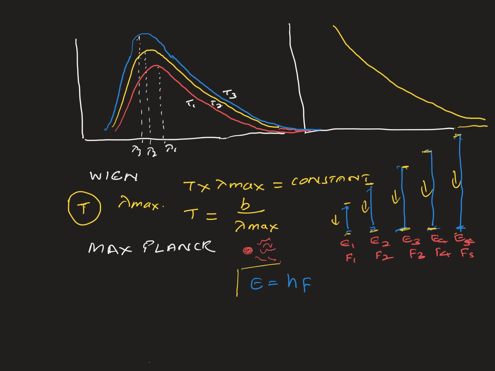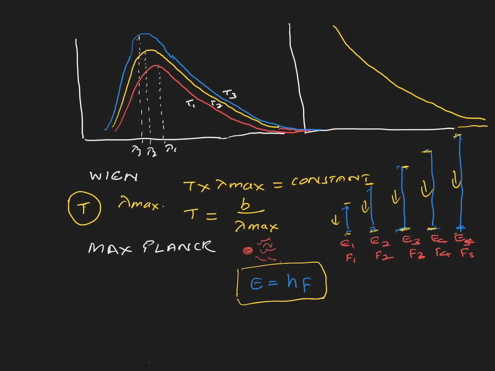So this formula is a breakthrough in terms of quantum mechanics. Max Planck basically built the foundation for the theory of quantum mechanics, and he explained the quantum nature of light and the quantum nature of electromagnetic waves.